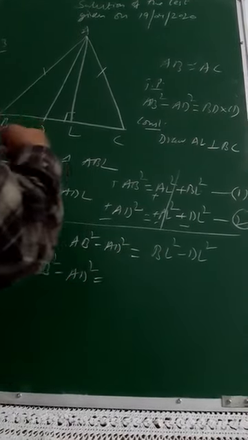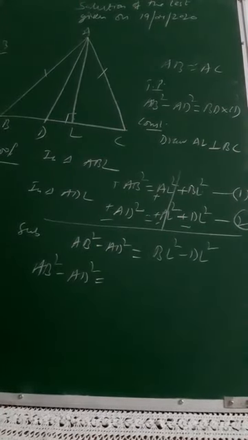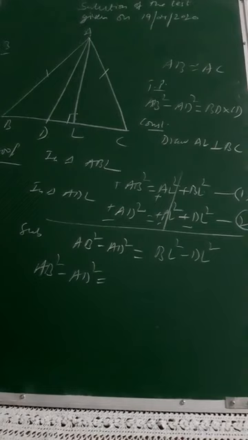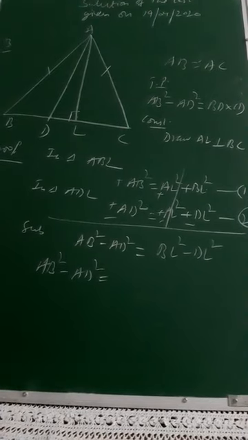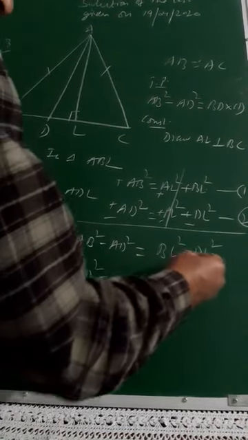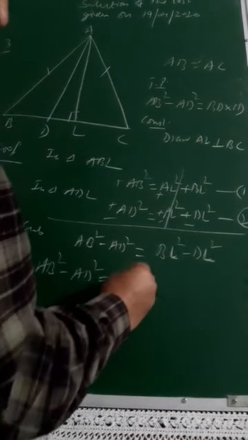So go back to your figure. What can I do with this BL? BL square minus DL square. Don't you think that this is lying somewhere in the form of A square minus B square?